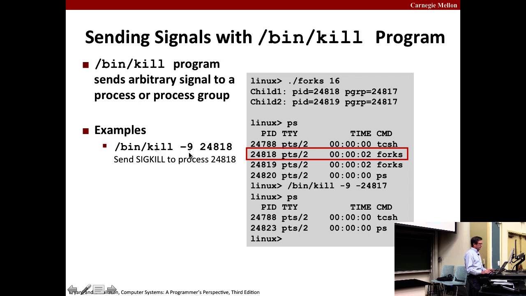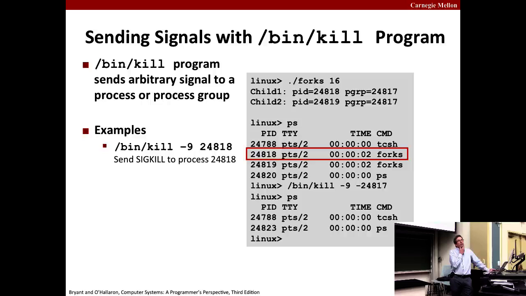Now we can use kill to kill an individual process. The first argument indicates what signal you want to send. In this case, it's signal 9, which is the SIGKILL signal. So kill -9 is very typical. Usually, if you want to kill processes, you just kill -9.